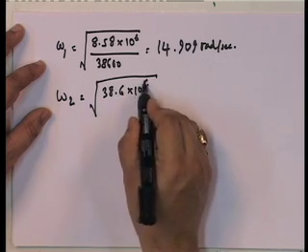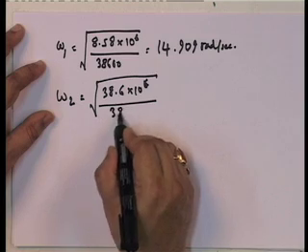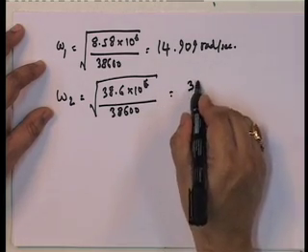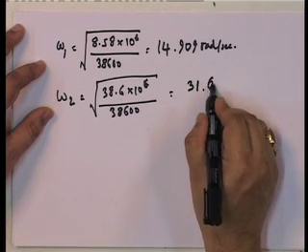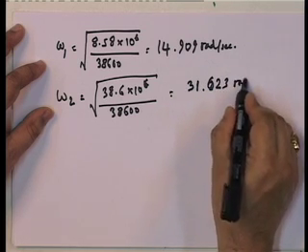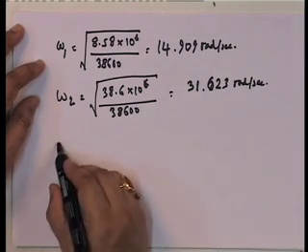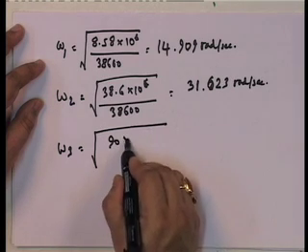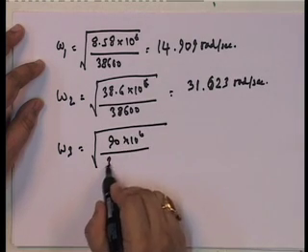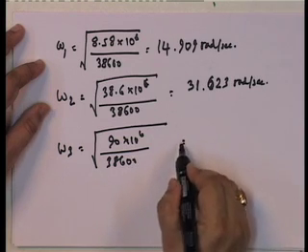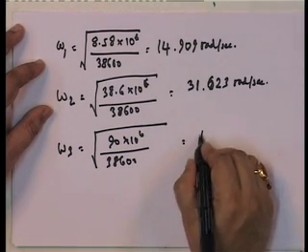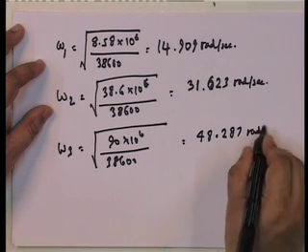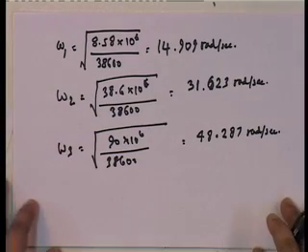Omega 2 is equal to 38.6 into 10 to the power of 6 divided by 38,600, which turns out to be 31.623 radians per second, and omega 3 is equal to 90 into 10 to the power of 6 upon 38,600, which is 48.287 radians per second.